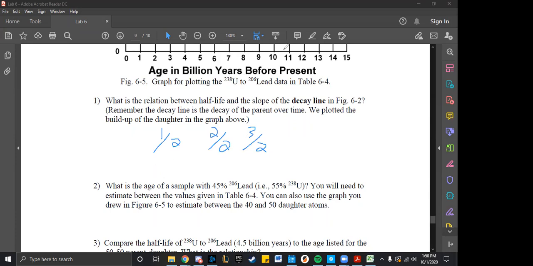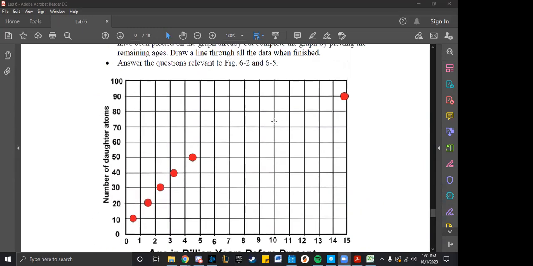So that was a bad example. It'll go down from 3 over 2 to 2 over 2, and then 1 over 2, and then 1 over 4, and then 1 over 8, and so on and so forth. And that's basically just what this is doing, just in reverse.